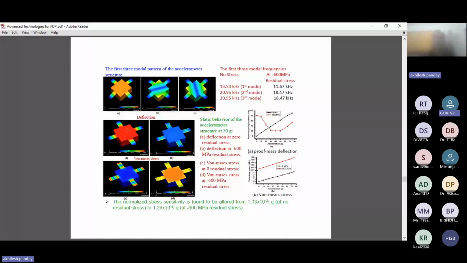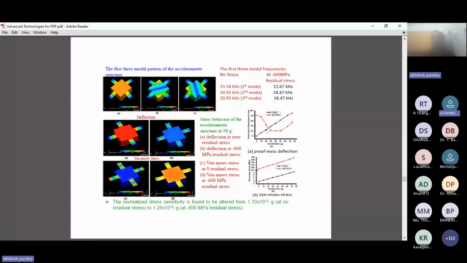So the deflection is zero at zero stress, and there is deflection at minus 600 megapascal stress. One can see that the proof mass displacement, by changing the acceleration up to 50 g, changes linearly.